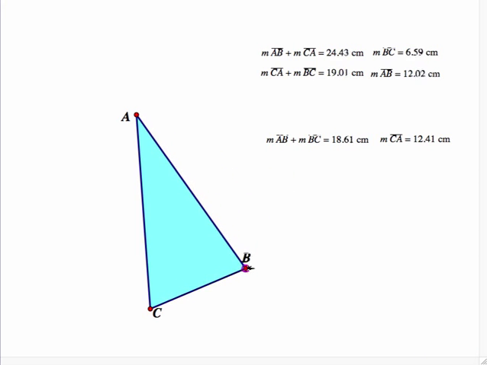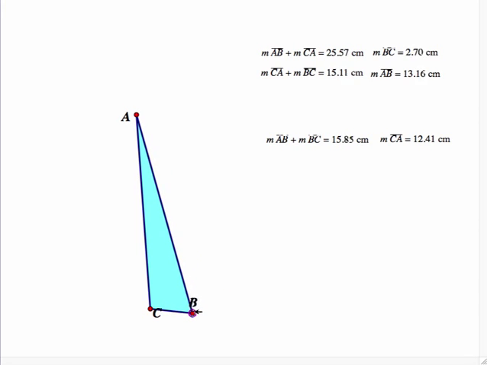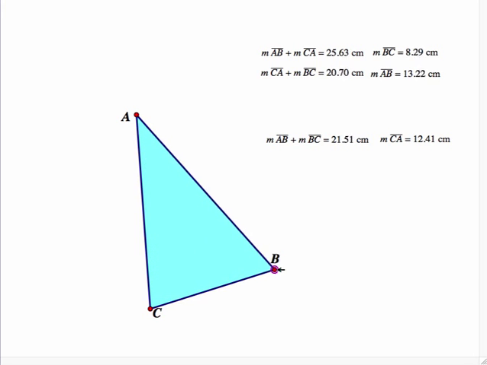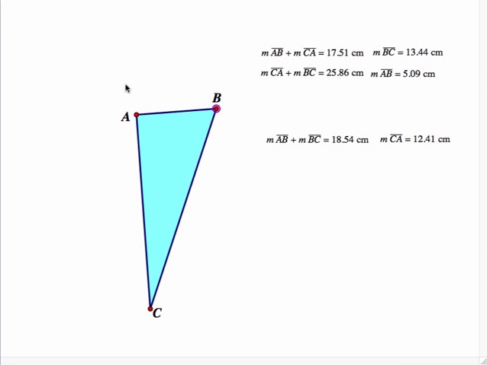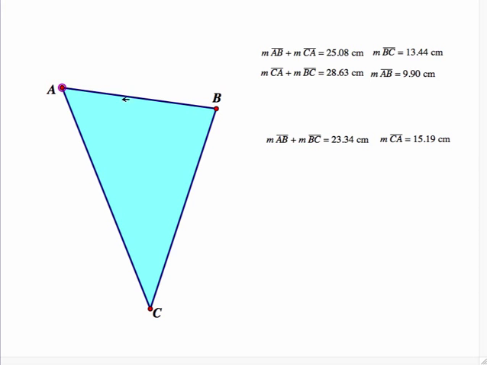As I shrink these down, getting closer and closer, what you should notice is that the only way for them to be equal is if this is a straight line and point B is on side AC. Otherwise, adding AB and BC together will always give me something bigger than AC. It doesn't matter which two sides I look at. That's always the case. The sum of any two sides is greater than the third.